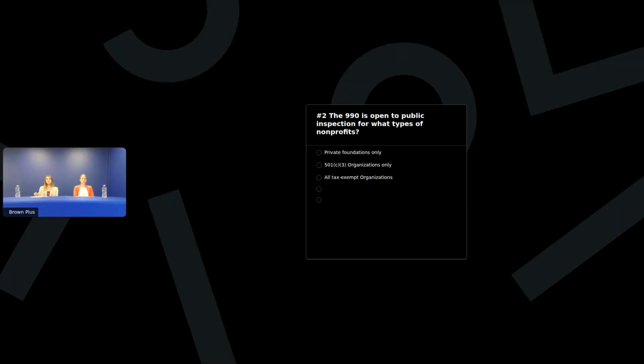All right, so the second polling question is, the 990 is open to public inspection for what types of nonprofits? Private foundations only, 501c3 organizations only, or all tax exempt organizations.